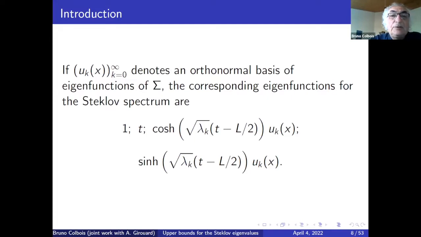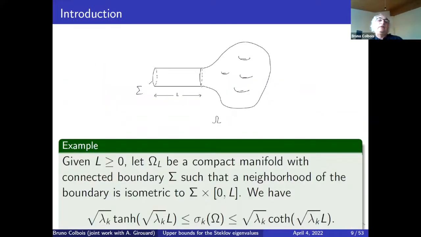I wanted to give another example. I consider again my cylinder, that is, I take a manifold sigma, compact without boundary. I consider again the cylinder, but I glue to the cylinder a compact manifold whose geometry and topology may be very complicated.